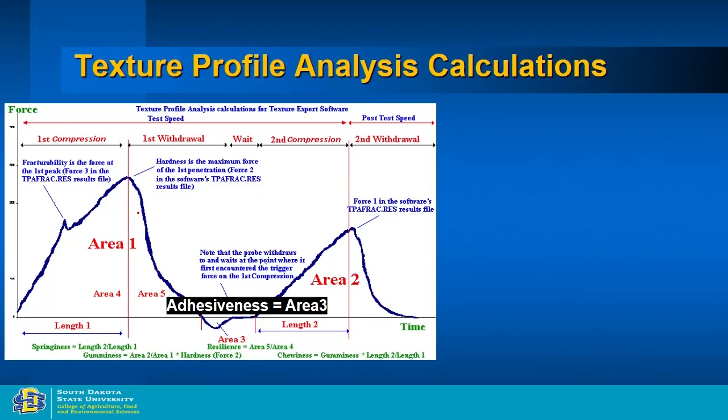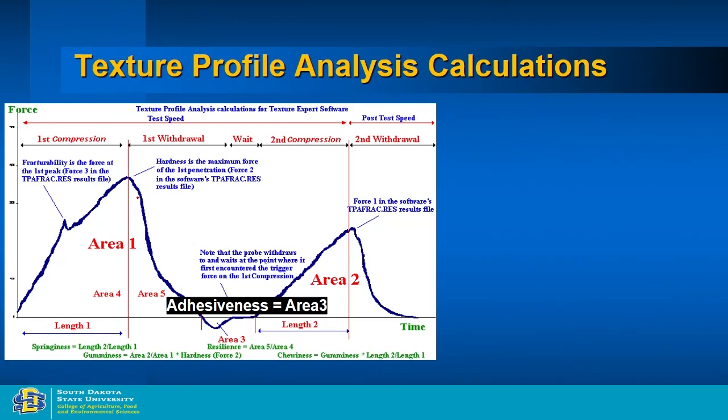Okay, the resilience is how much area under the curve, and when I say area, let's talk about the energy. Area under the curve is nothing but the energy input, energy recovered.